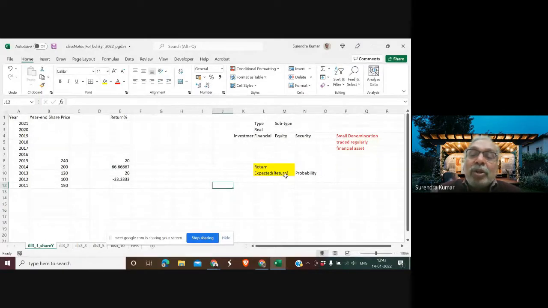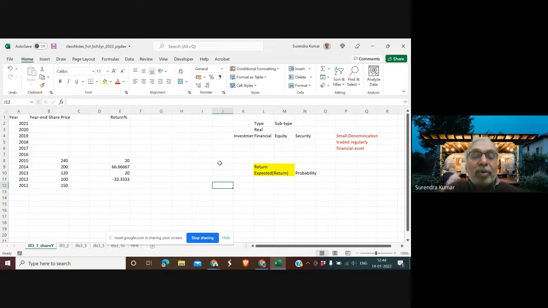What we will know is only expected return, because we cannot be 100% sure of our calculations, because our calculations are based on assumptions. So the question is, what are our assumptions based on which we might do these calculations?